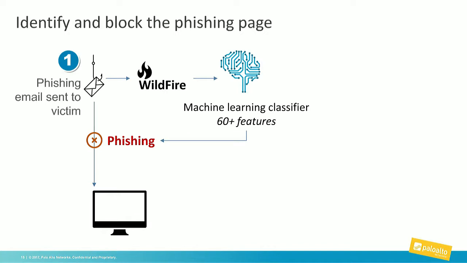Of course, this event would also be logged in the Wildfire audit trail for awareness. Now, if this analysis is conducted before the user actually clicks on the link, the next generation firewall, through the use of the PanDB URL categorization, can block that URL before it's actually accessed by the user.